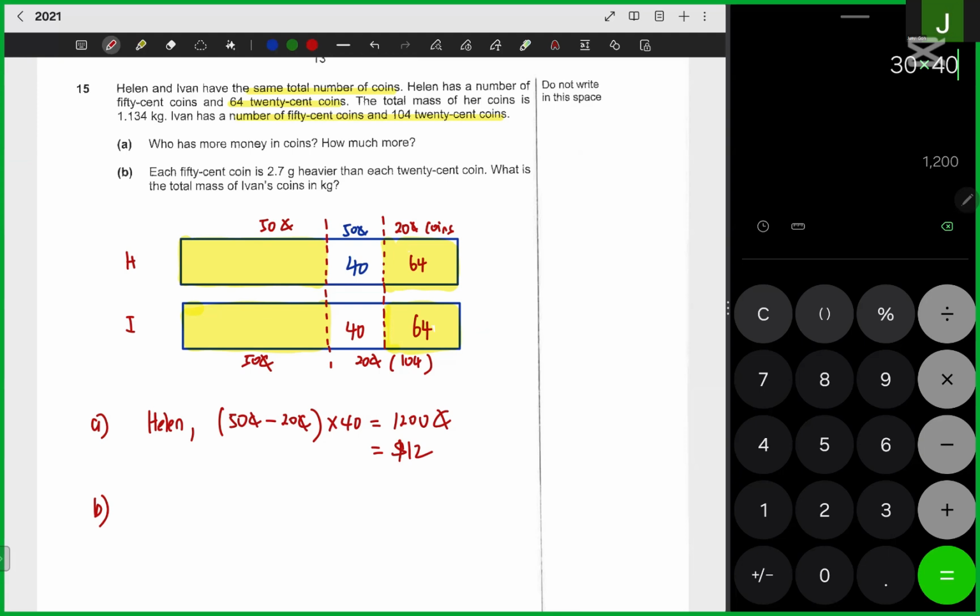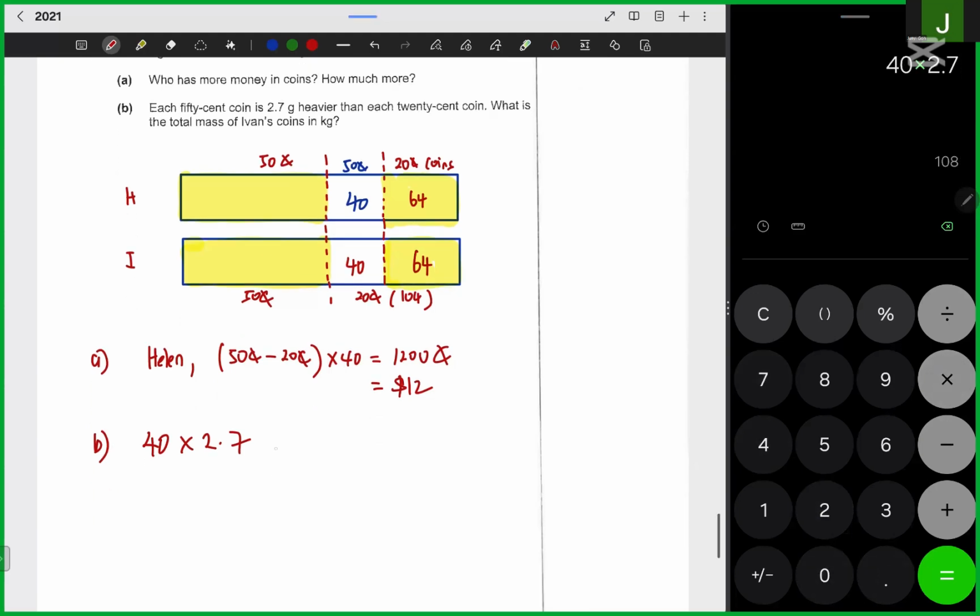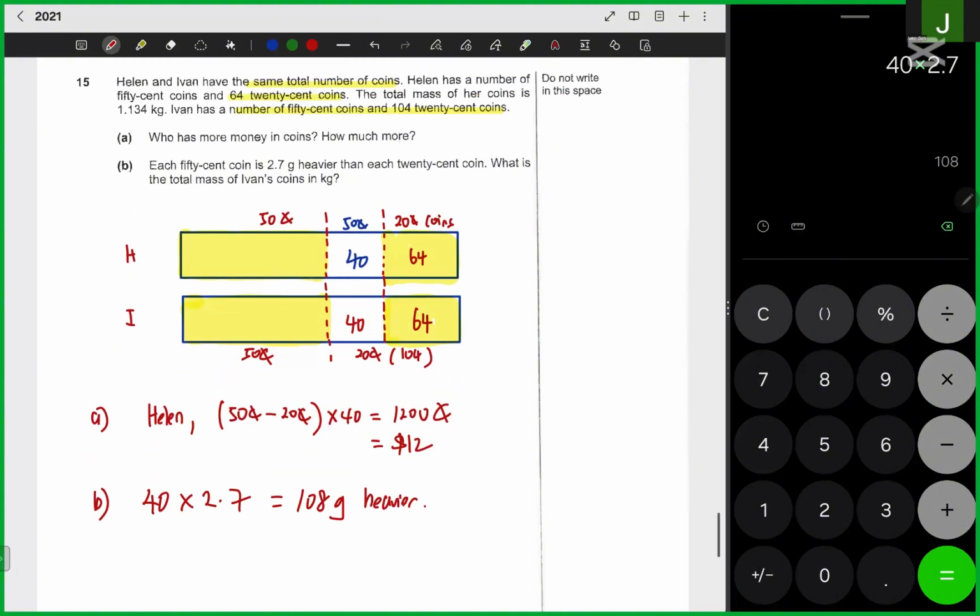If one 50-cent coin is 2.7 gram heavier, then 40 of them will be 40 times 2.7, which is 108 gram heavier. So Helen's coins are 108 gram heavier.